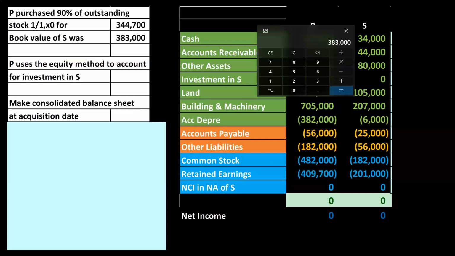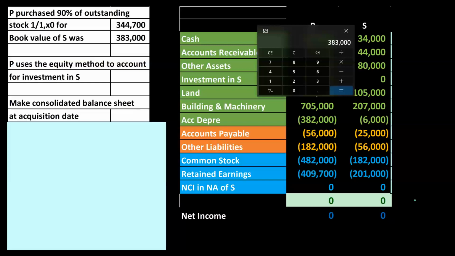That equals the 383. That's the book value, in other words the 182,000 of equity plus the 201,000, the 383. There's no income statement information, revenue and expenses, because it's right after the consolidation. All the temporary accounts are currently closed into equity.